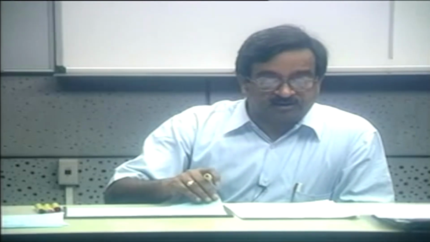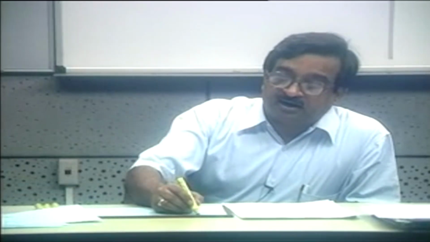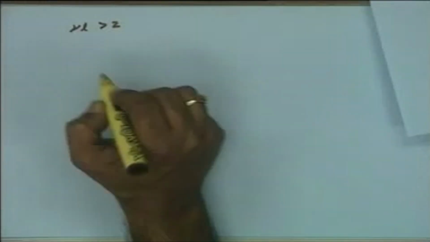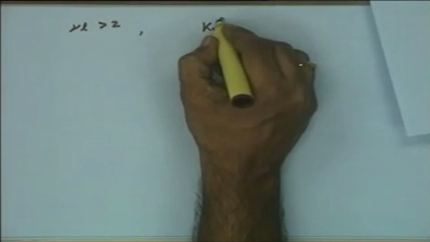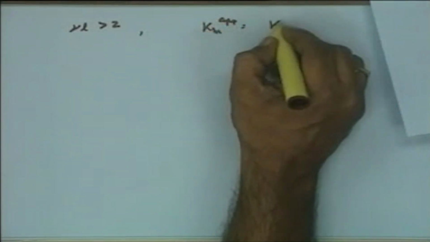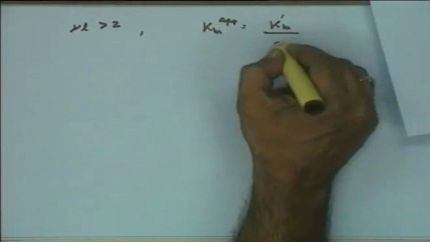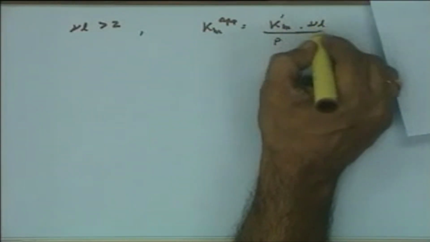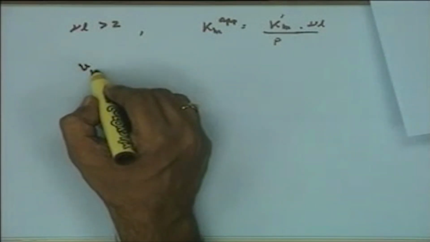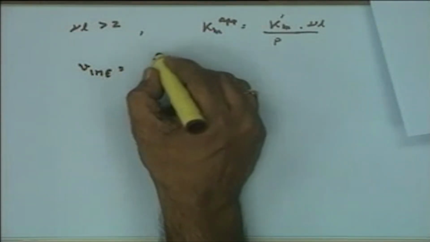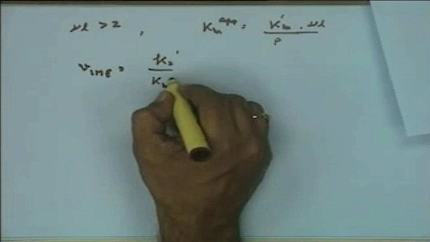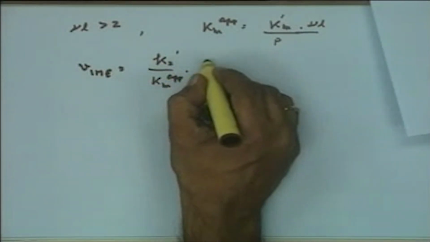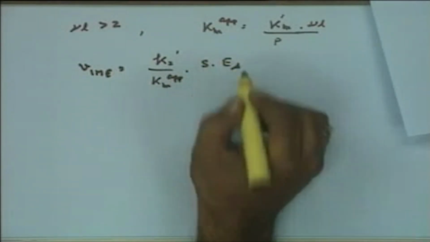Now, in the same case, if you go further and take gamma L greater than 2, your Km apparent is K dash M upon P into gamma L, and if you substitute for V immobilized enzyme, you get K2 dash upon Km apparent into S into Es.